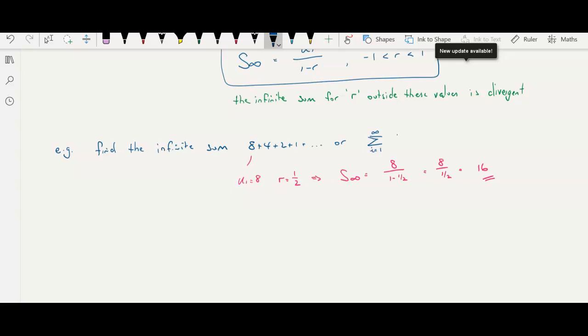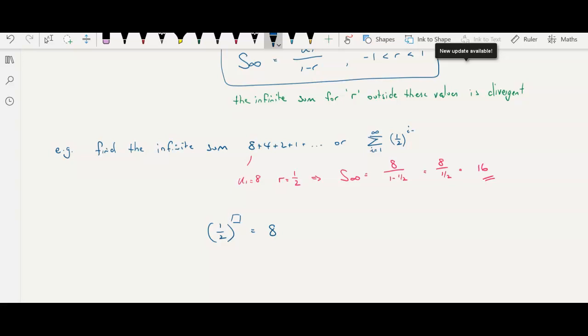I know that my base has to be a half because my r is a half, but what is my power? If I just have my index i, that accounts for a half to the power of 1, the first term. I can't be adding 1 because that's just making it smaller, so I need to be subtracting to get my first term of 8. So it's really saying, half to the power of what is equal to 8?